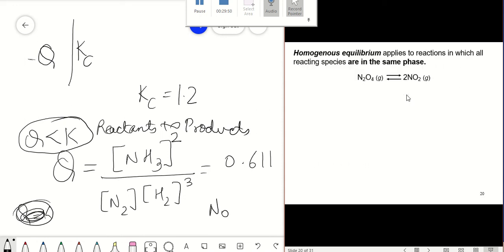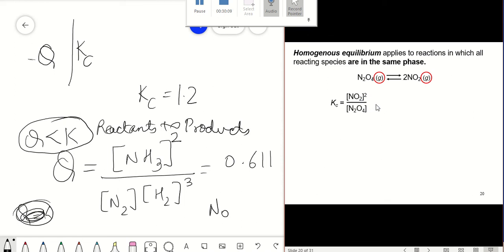Now, if it's a homogeneous equilibrium though, for instance, like this, we just saw N2O4 changing to 2NO2. Both are gases, so Kc is equal to NO2 squared divided by N2O4 to the power 1.